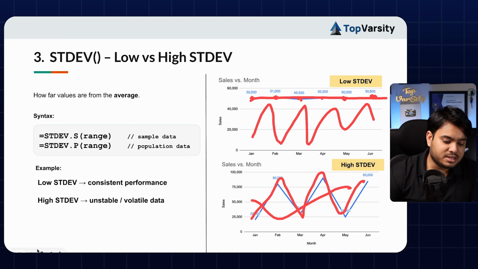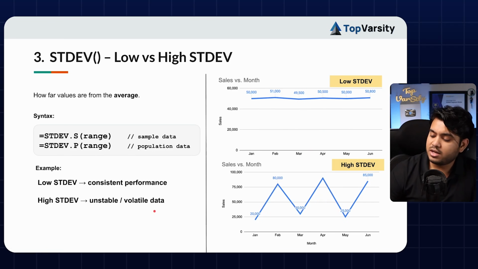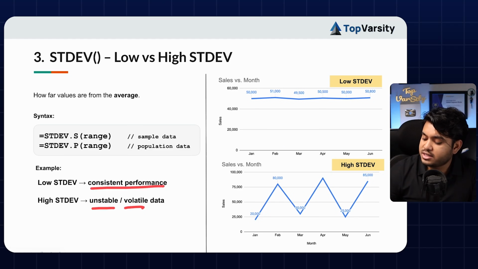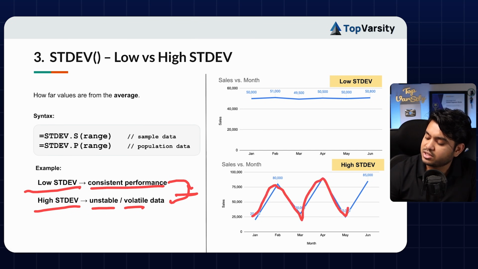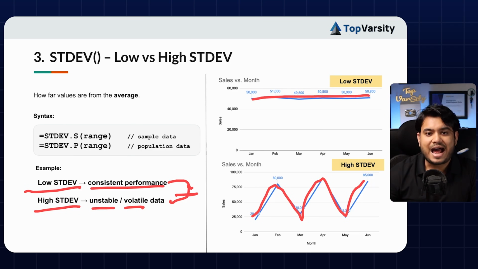So this is the use of standard deviation whenever we want to see whether values are unstable, volatile, or a consistent performance. According to the standard deviation we decide whether it's a low standard deviation or high standard deviation. This is the graph of high standard deviation, because the deviation is very high. Here it's not that high a variation. So to calculate this we'll use this.